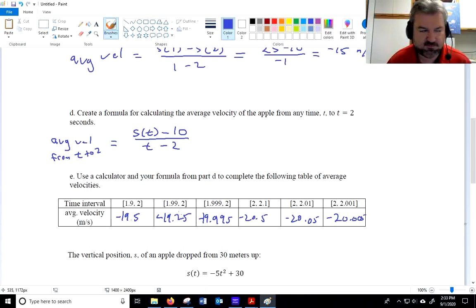Okay, so what is that, negative 19, that should be a 9.5, not a 2.5. I'm not sure why I wrote that. Negative 19.95. Well, that whole thing is just completely unreadable, isn't it?